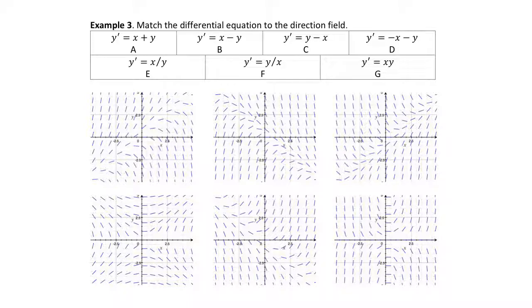Okay, so here are 7 differential equations and 6 direction fields. One of them is not going to be a direction field for us. I'm a big fan of setting it equal to 0 and going from there. So in part A, let's look at the differential equation A. I have y prime equals x plus y.